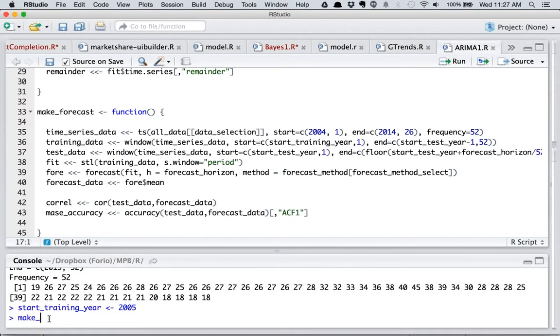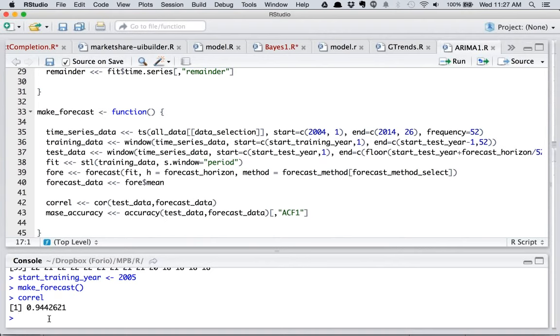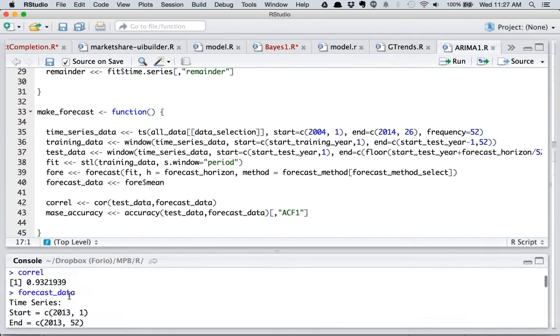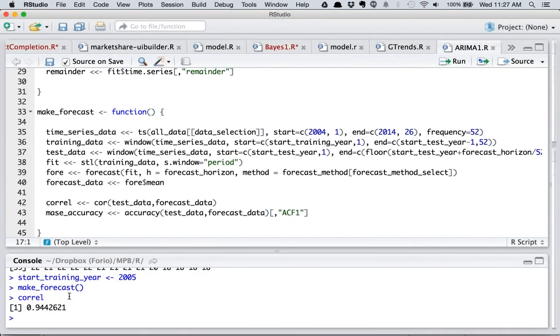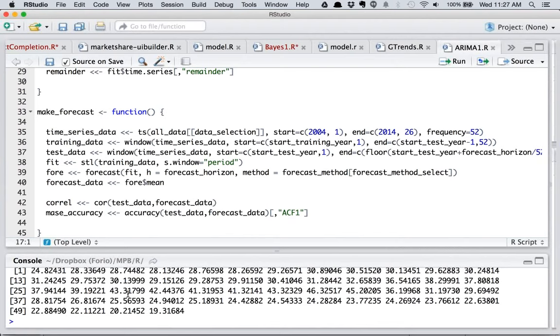And then if I do the make forecast again as a function and do the correlation again, I'll see a different correlation, a little bit lower, I think. Is that right? No, a little bit higher, actually. And then I can see other things changing, like, not surprisingly, the forecast data should be different and so on, right? So that's basically how this works.